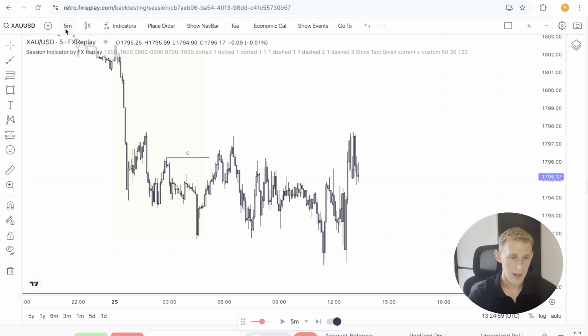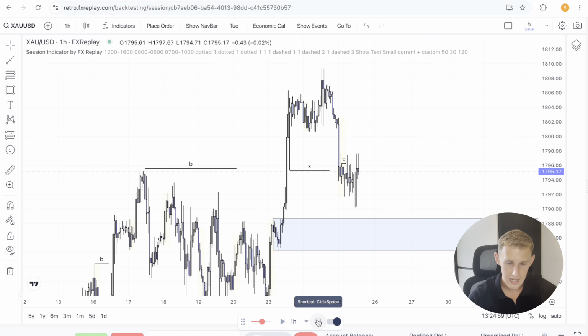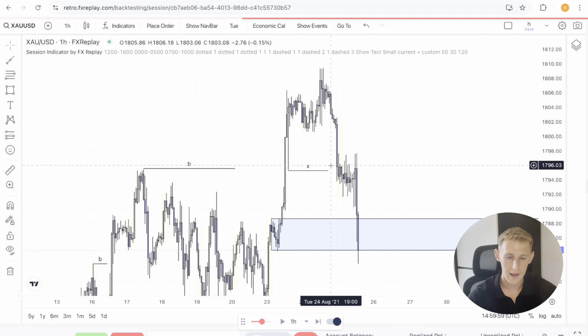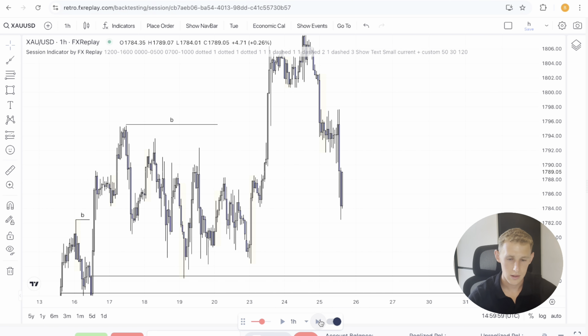Right, can we take a buy from here? It has closed quite far below that liquidity level, so no, I wouldn't be buying there anymore. Let's see how it reacts to this.